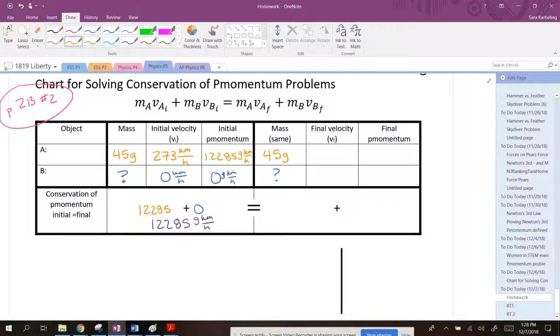So we're going to call that a positive, as opposed to after the elastic collision, the first golf ball moves 91 kilometers per hour to the left. So that means it needs to be a negative. So it's going to be negative, was it 91? So we can say 45 times 91. That's going to give me a negative 4095.